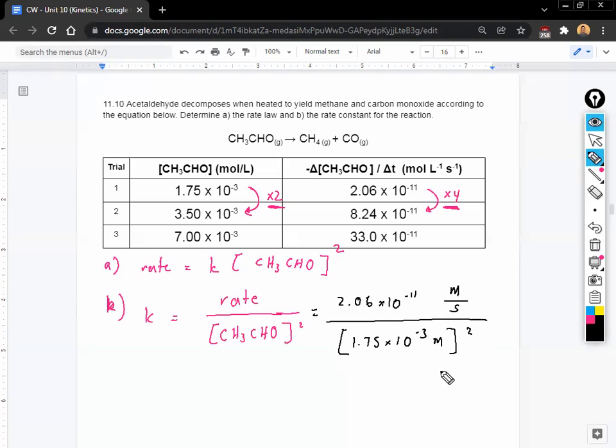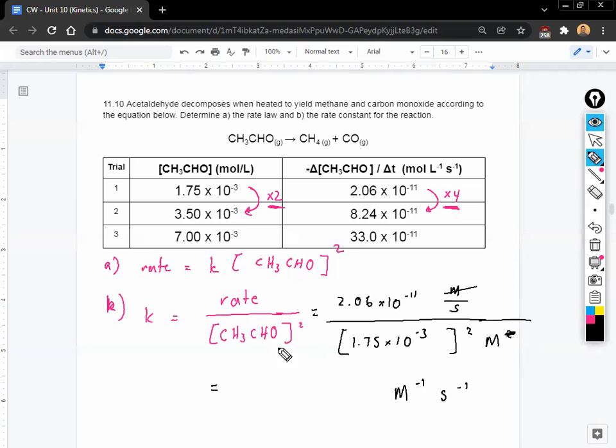Okay, now let's do the units first. Now, we know that we need to distribute the exponent, right? So I'm going to have to end up squaring 1.75, and I have to square the molarity. So if I take the molarity out, it's going to be molarity squared on the bottom. So what that means is I can cancel out molarity, and that's going to get rid of one of the molarity. So my unit of measurement for the final answer will be molarity -1 and seconds -1.